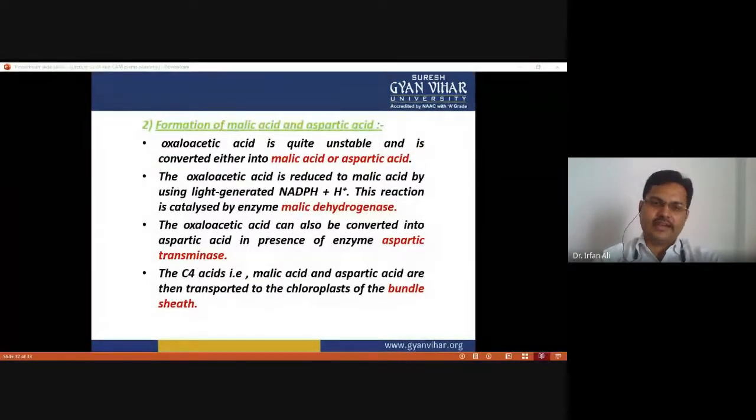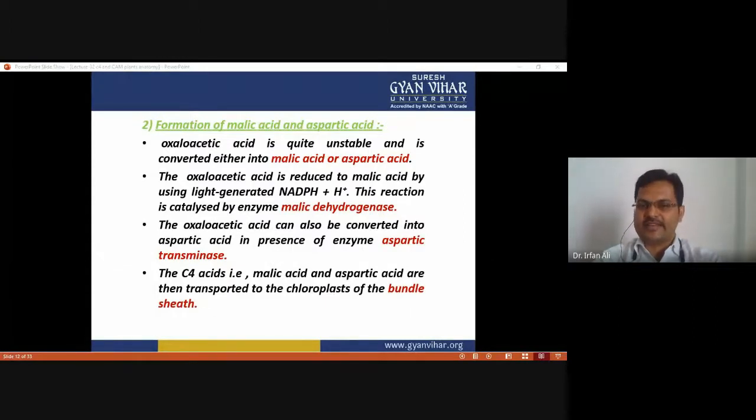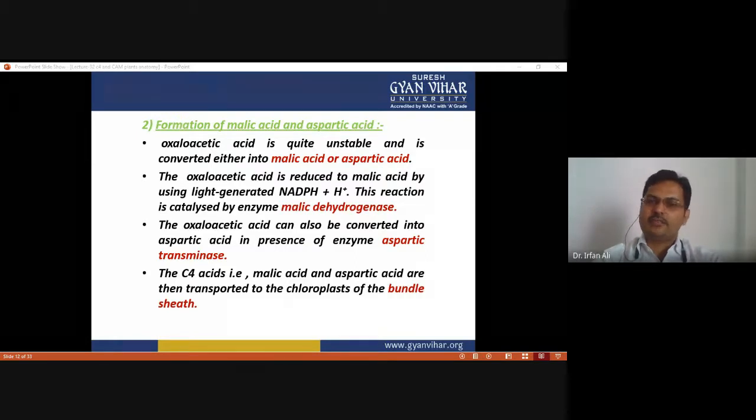Now the second reaction. In the second step, the formation of malic acid and aspartic acid takes place. Oxaloacetic acid is quite unstable and is converted into either malic acid or aspartic acid. The important molecule here is malic acid, because it can be transported to the bundle sheath cells. That is why oxaloacetic acid is reduced to malic acid by using light-generated NADPH plus H+.